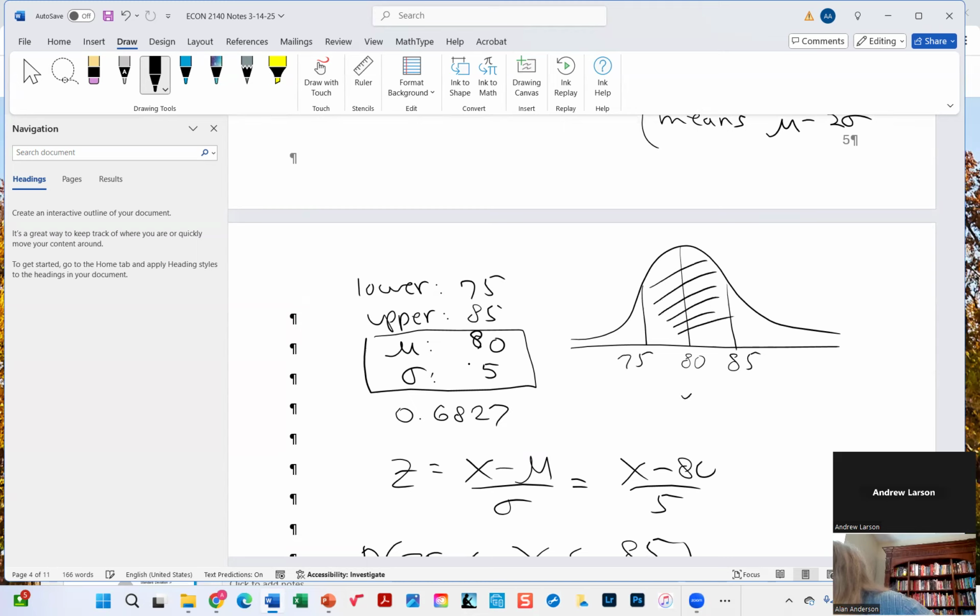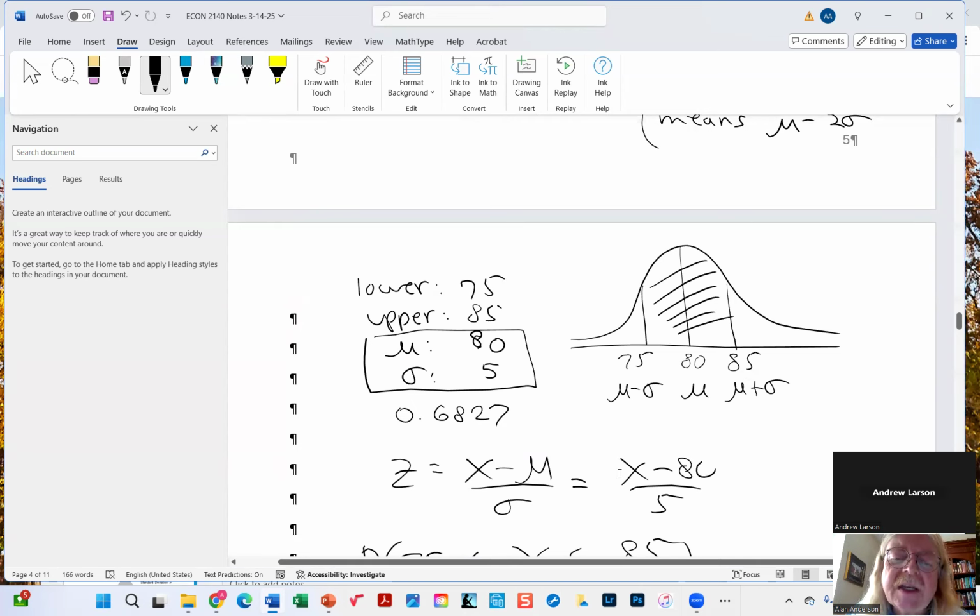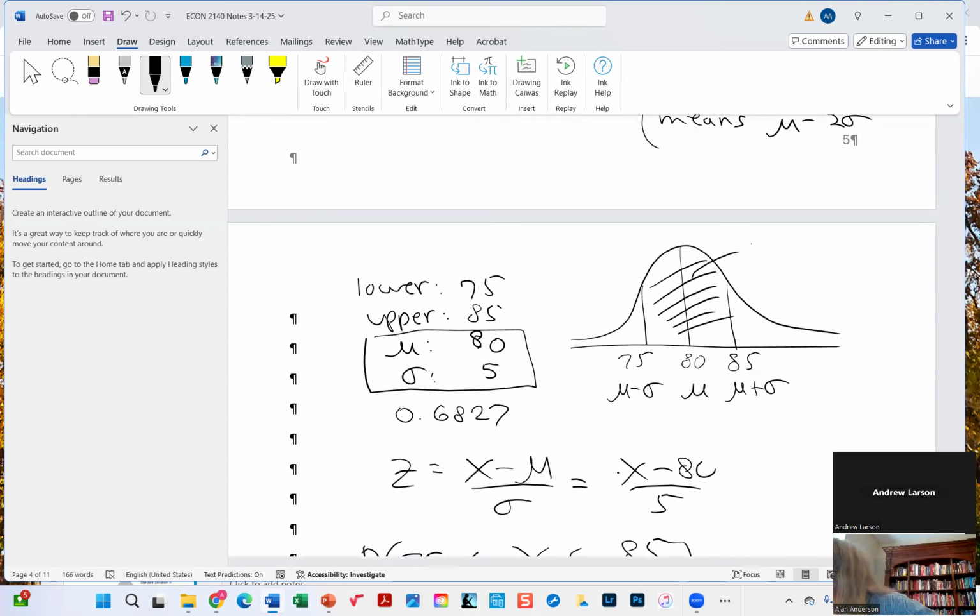If you remember from the empirical rule, what we're looking for is the probability of being within one standard deviation of the mean, which is approximately 68%. When you pop this into your calculator, you'll see that it's actually 68.27%. Within one standard deviation of the mean is how we can interpret this.